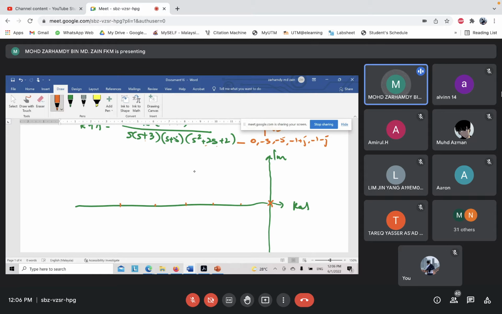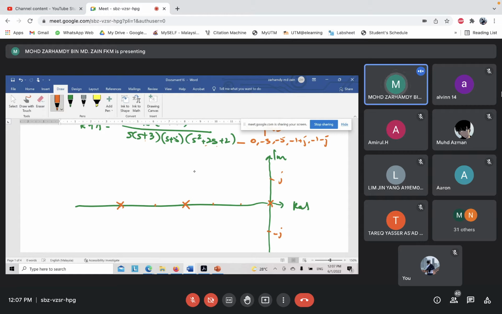We make it bigger at this point. We have negatives: 0, -3, -5, and -1 plus j, -1 minus j. So we have j here, negative j here.